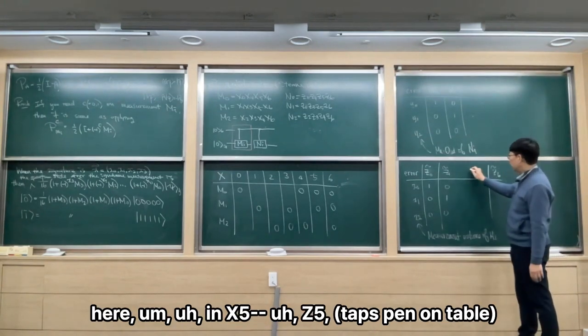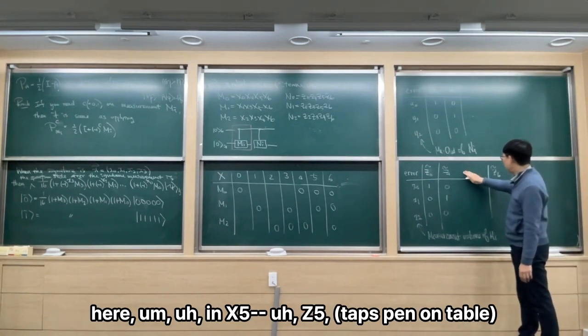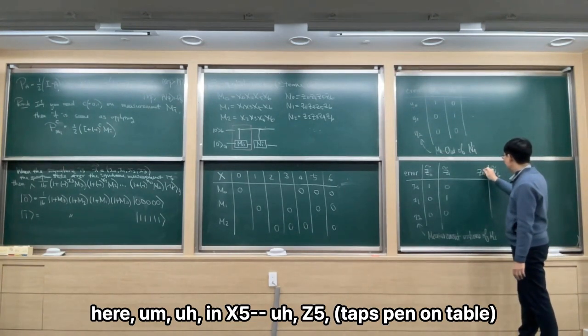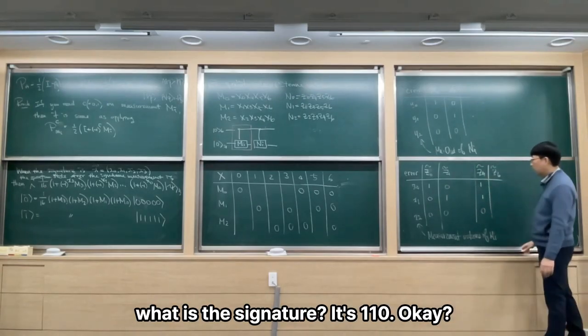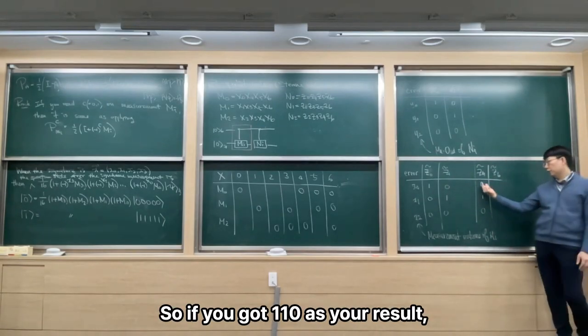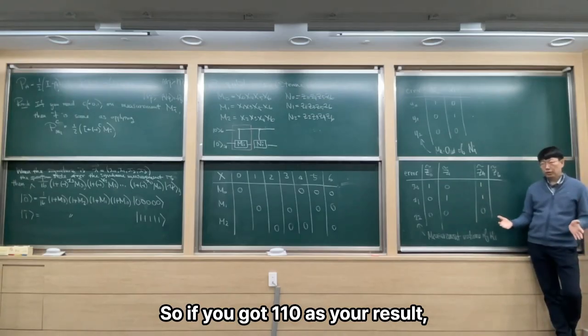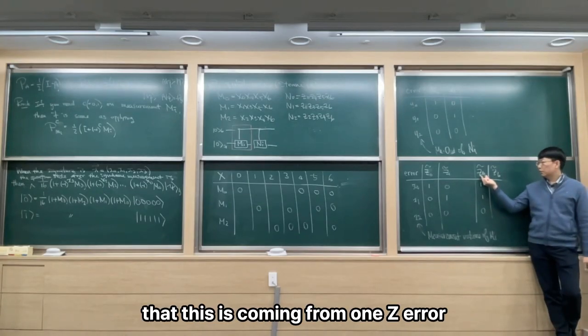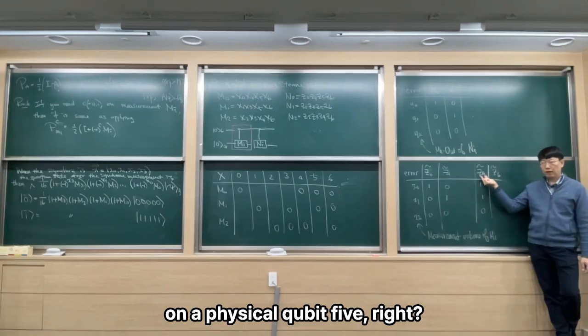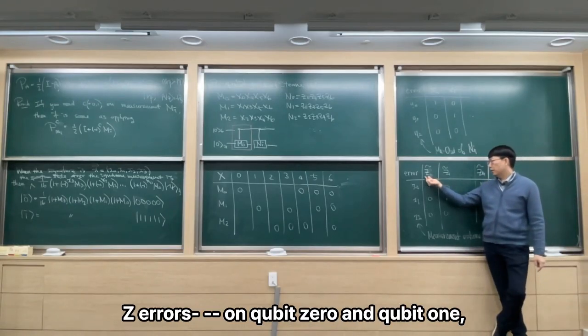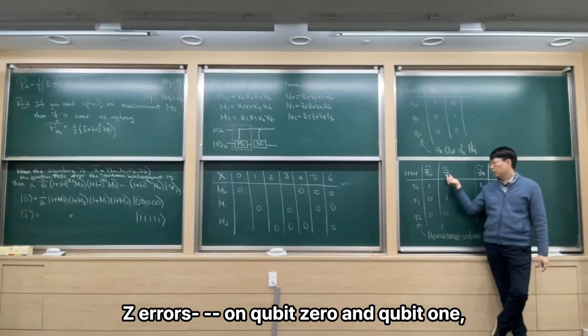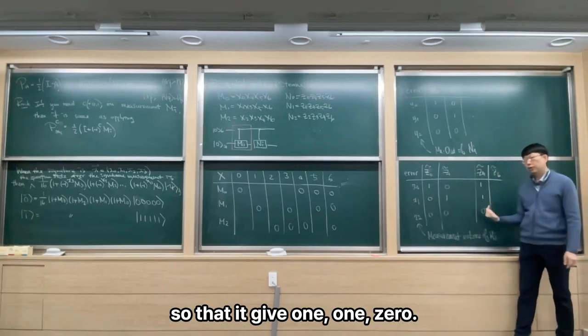So here in X5, Z5, what is the signature? It's 110, okay? So if you got 110 as your result, then you can imagine that this is coming from one Z error on physical qubit 5. But it could be there were 2 Z errors on qubit 0 and qubit 1, so that it gives 110.